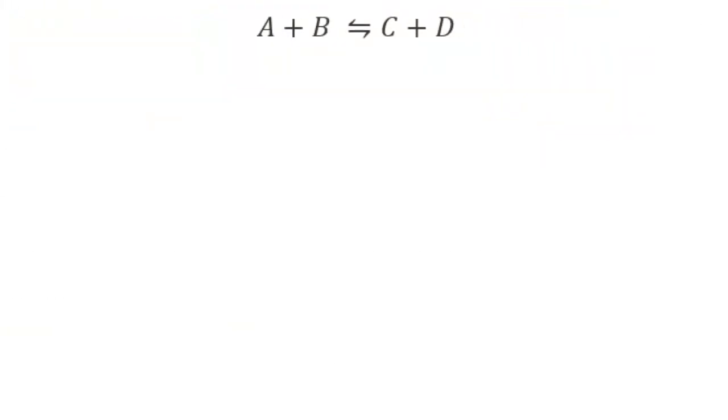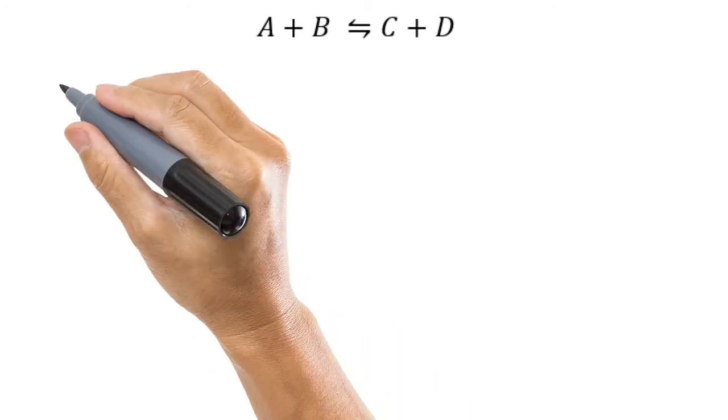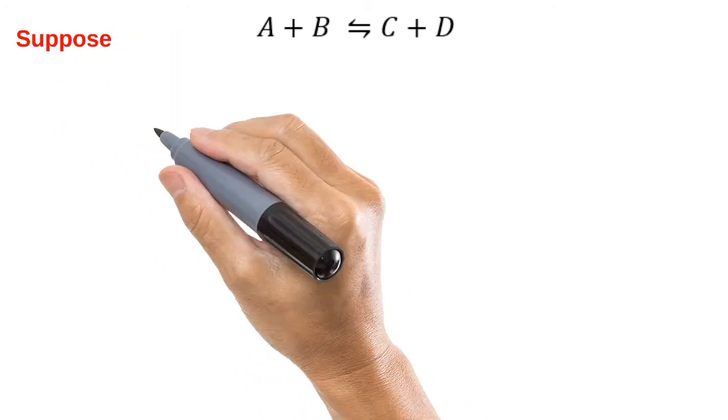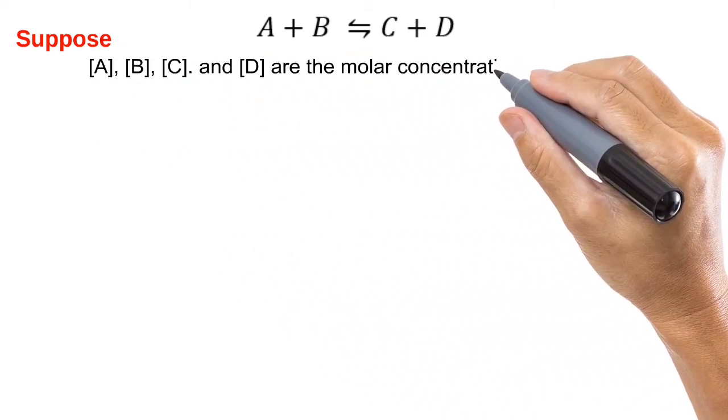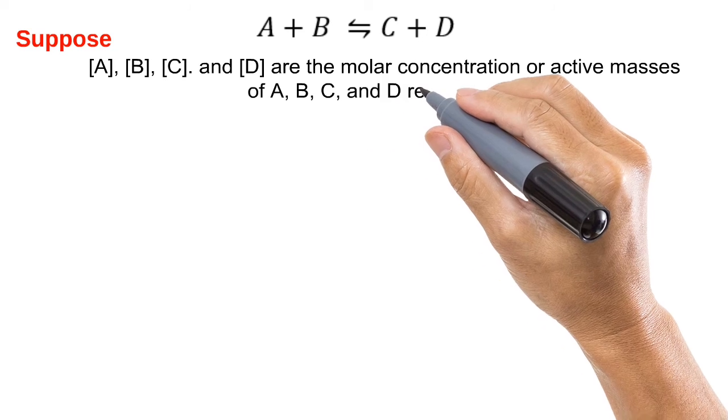Now let's explain this law with the help of a general reaction in which A and B reactants react together to give C and D products, and this reaction is a reversible reaction, which means that products can be converted back into the reactants. Suppose A, B, C and D in the brackets are the molar concentrations of A, B, C and D respectively.